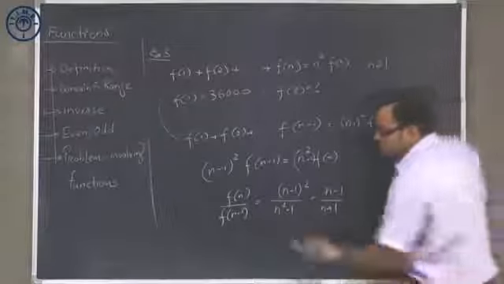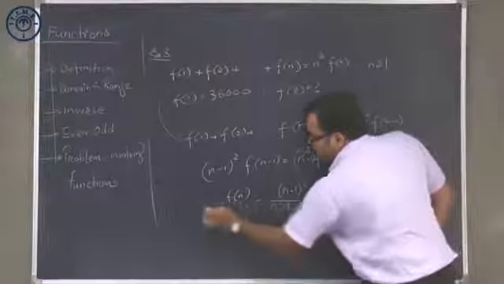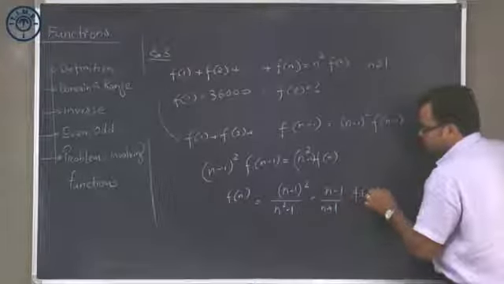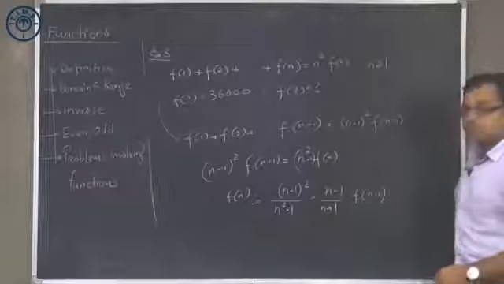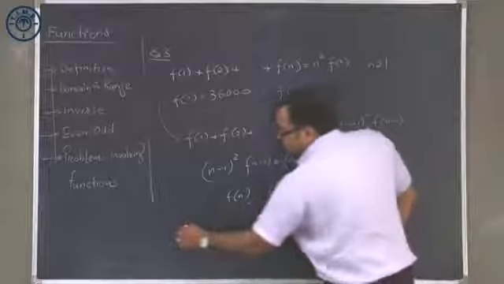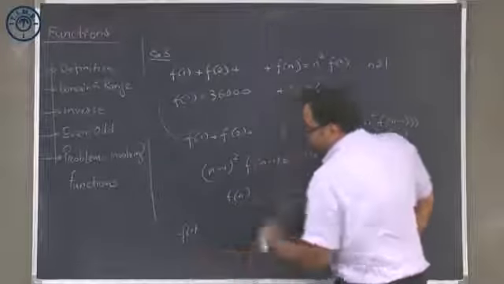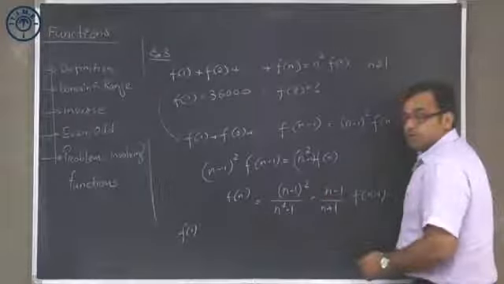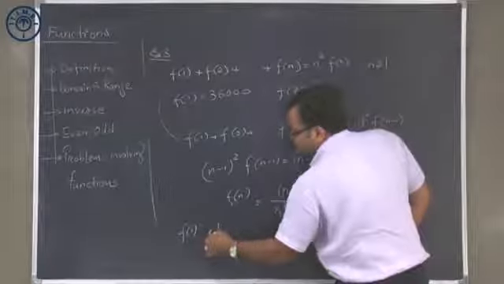Once we have this, let me bring back my f of n minus 1 from here. So f of n is equal to n minus 1 upon n plus 1 into f of n minus 1. Now because I know f of 1, f of 2 is equal to 2 minus 1 upon 2 plus 1. So this is equal to 1 by 3.